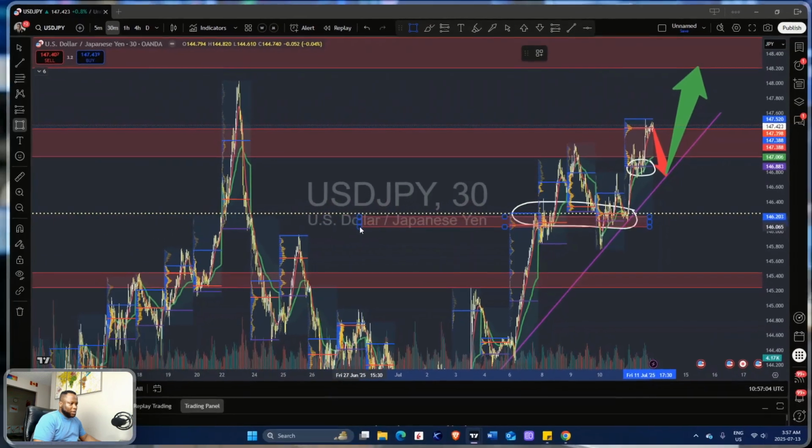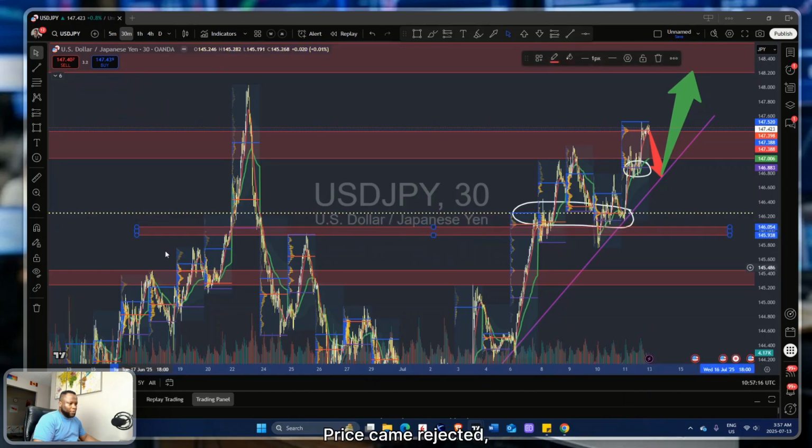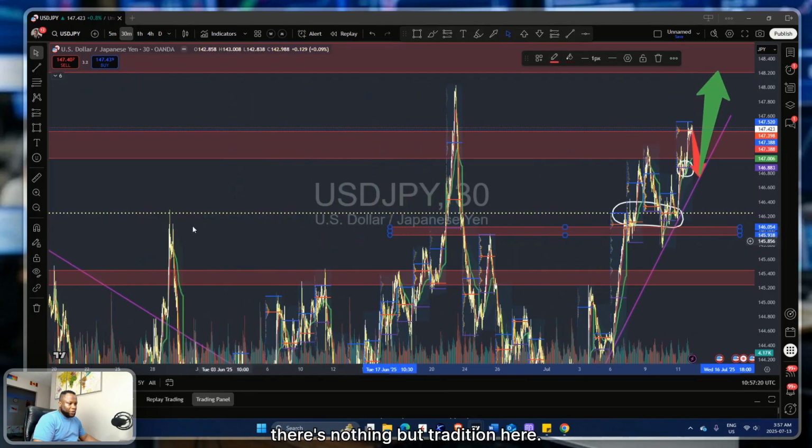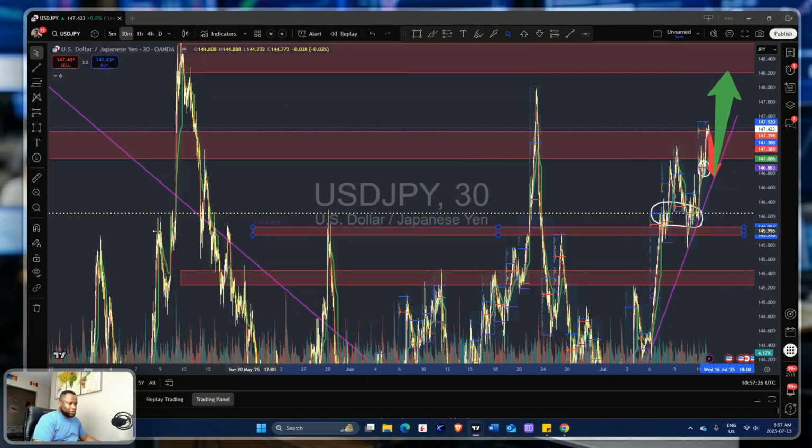just focusing here. And if you go back in time, what the chart is saying is this area was a resistance before, now it's support. Okay, price came, rejected here. If you notice not much rejection here, but you see this here, or the way the chart is saying there was a rejection here.